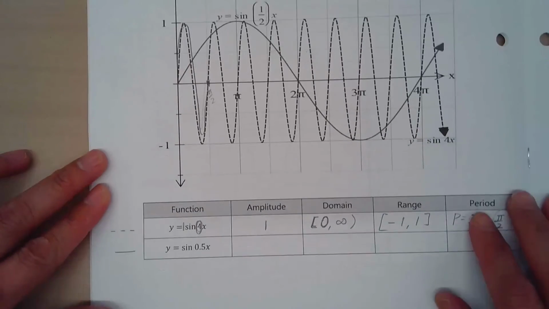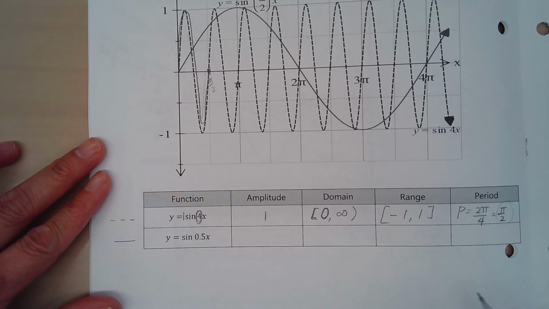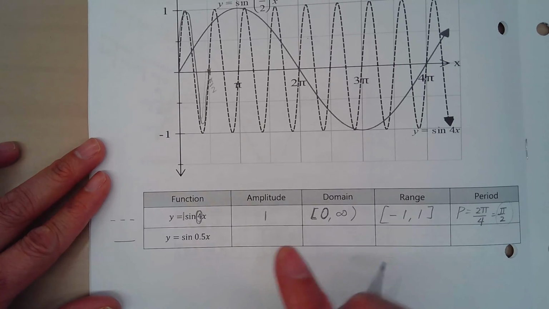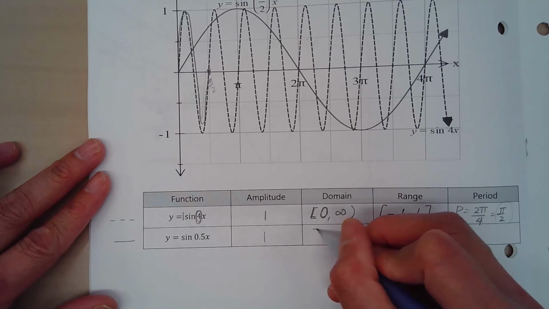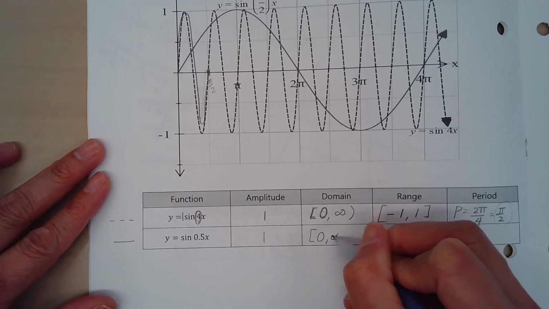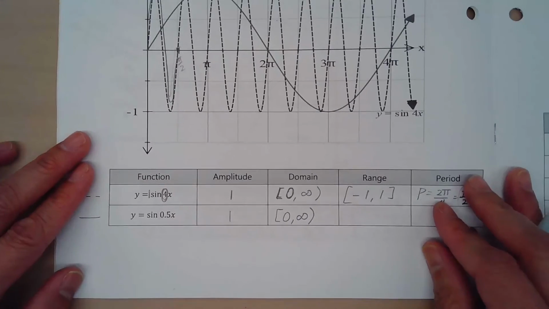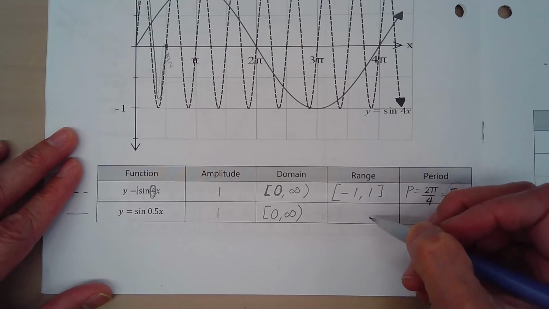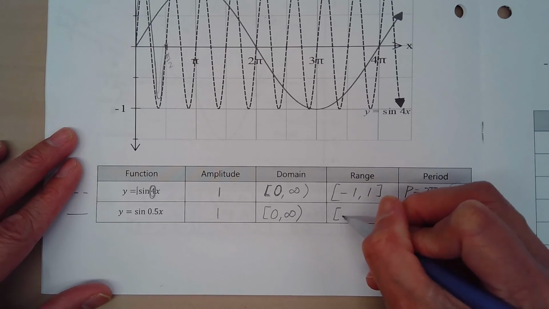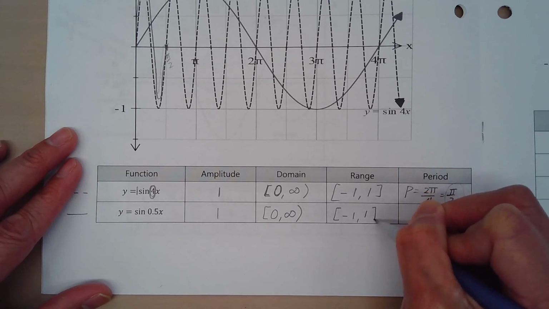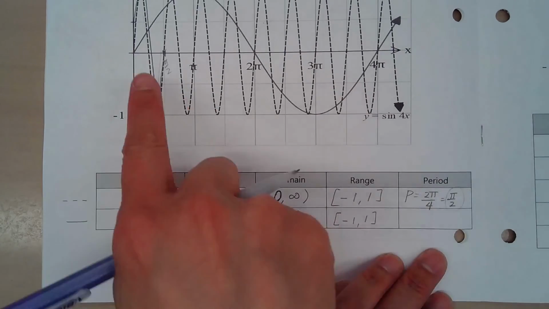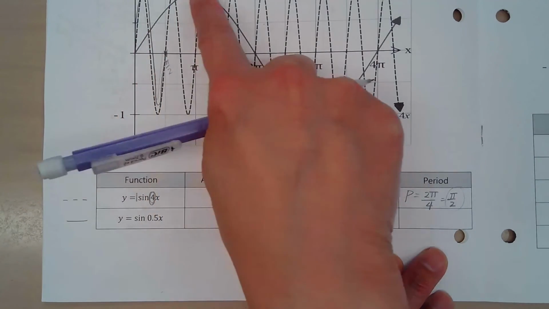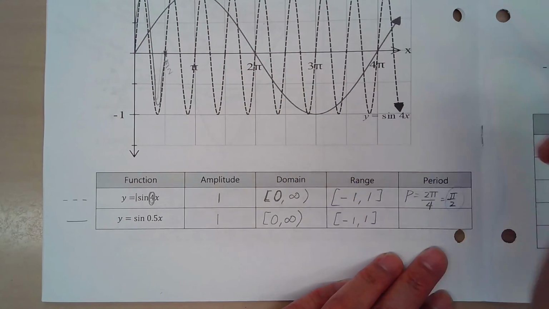Now what about this one? Amplitude is still 1. Domain is 0 to infinity. Range is still -1 to 1. But what's the period? One whole cycle is 4 pi.